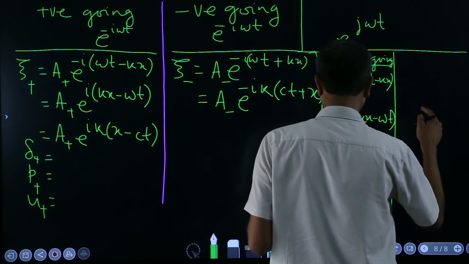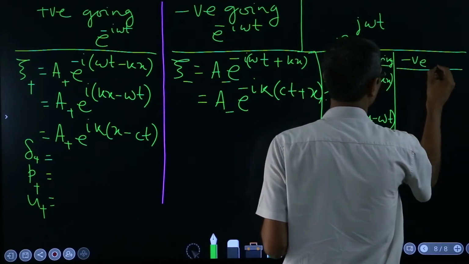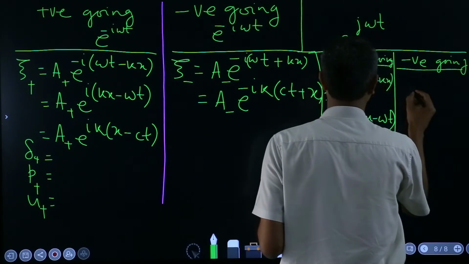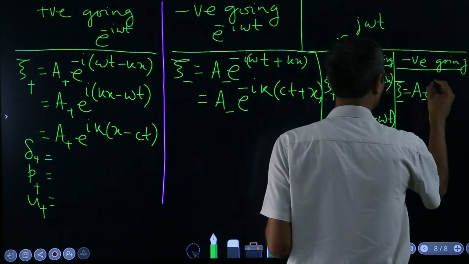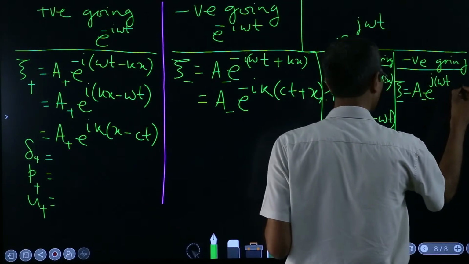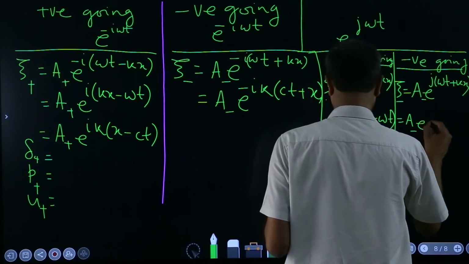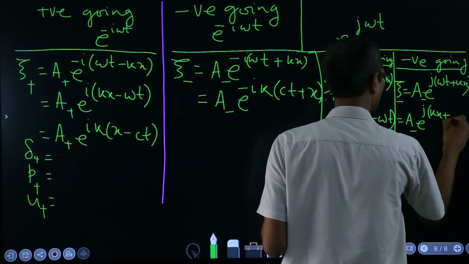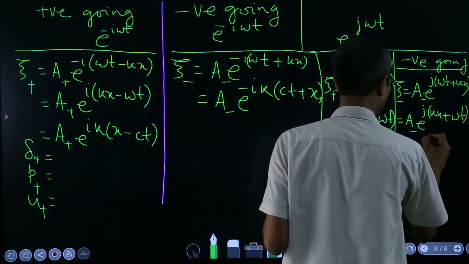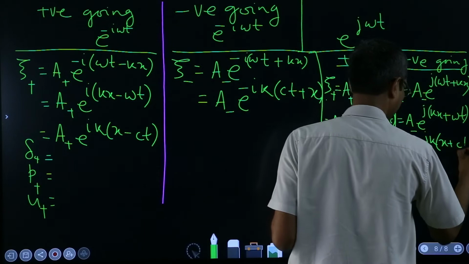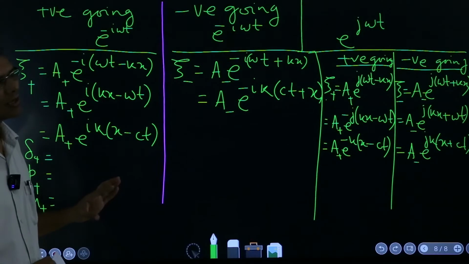And for negative going with this convention, xi minus will be a minus e raised to j omega t plus kx, equal to a minus e raised to j kx plus omega t, doesn't matter because it's plus, a minus e raised to j k x plus ct. So these are the full set of ways it can be written.